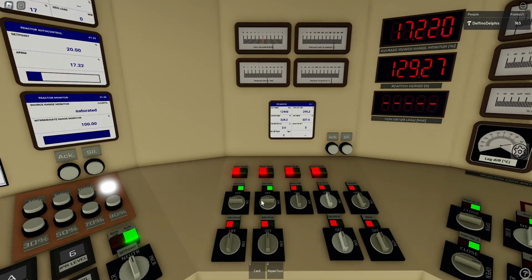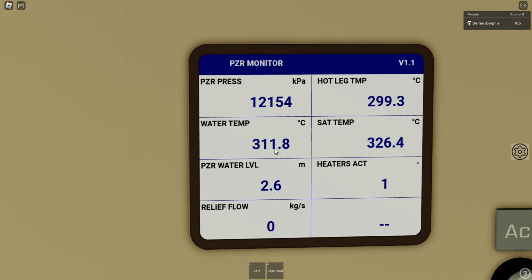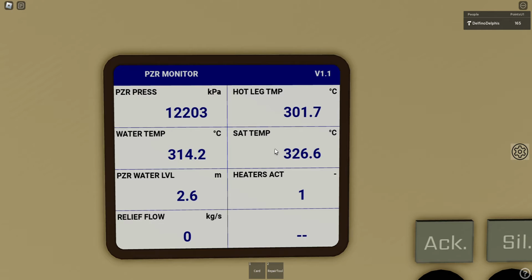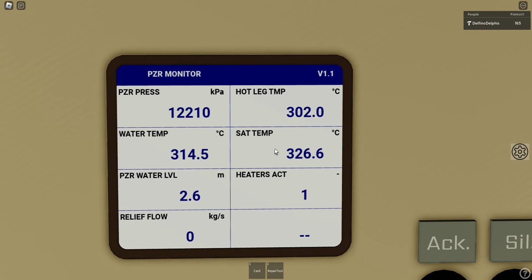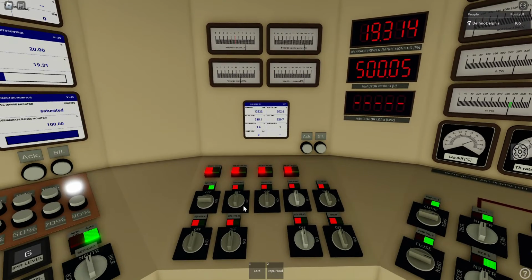You can actually maybe disable one of the heaters. Saturation temperature is 326, so it's plenty. We don't want to go over 300 now. 310 is probably the highest rated temperature. 315 still is okay.